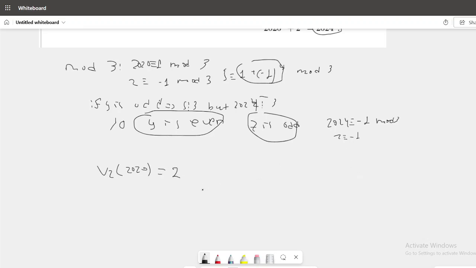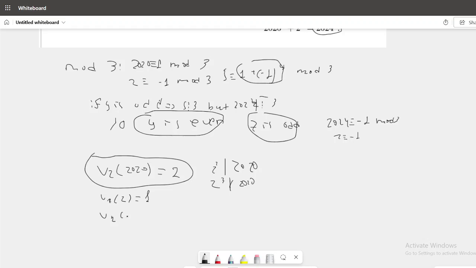So 2 to the power of 2 divides 2020, and 2 to the power of 3 does not divide 2020. So the V2 function of 2020 is 2. Now V2 of 2 is 1, and V2 of 2024 is 3.